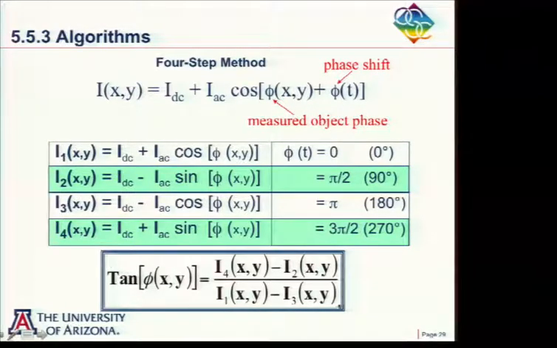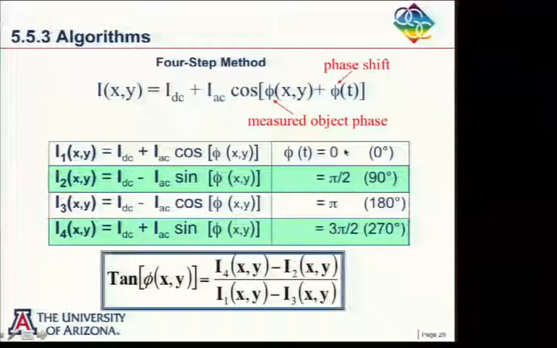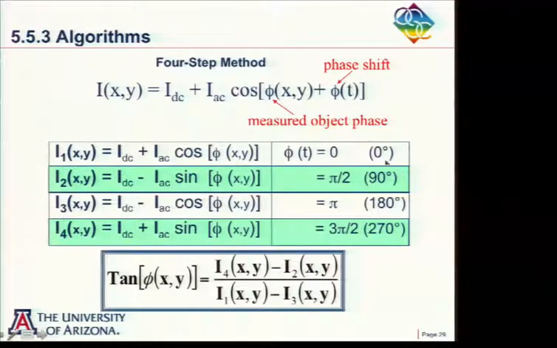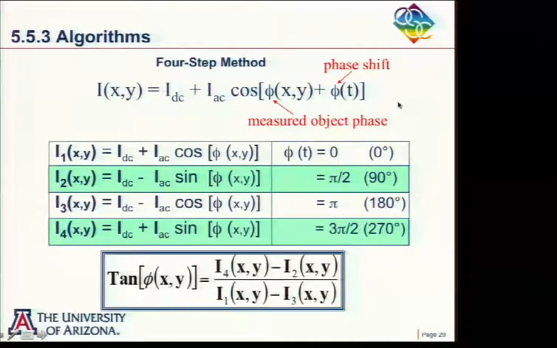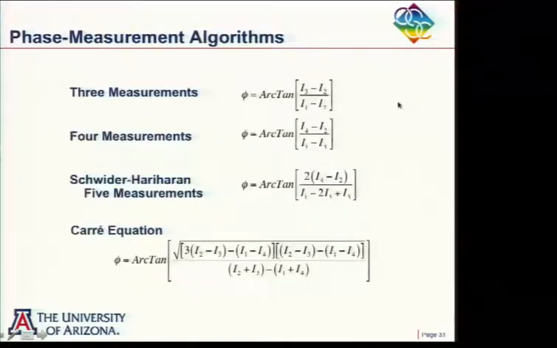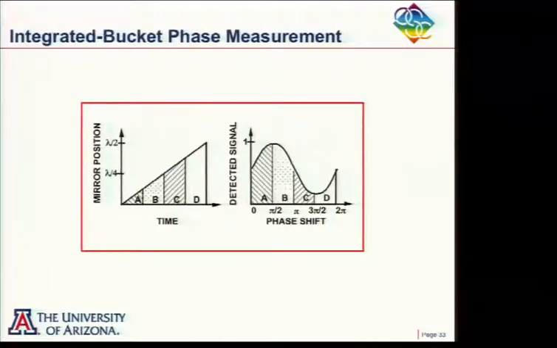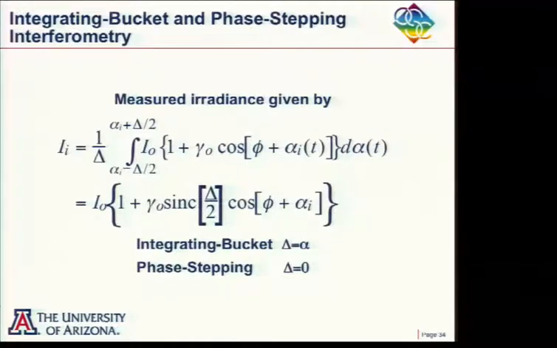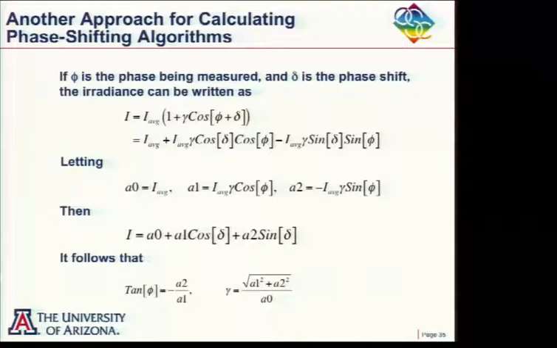So it's not very difficult to calculate what these algorithms are, at least if the phase steps are 90 degrees. It becomes a little more difficult if they're not 90 degrees, but it's not that hard to do. But there's another way of looking at this that turns out to be very nice.